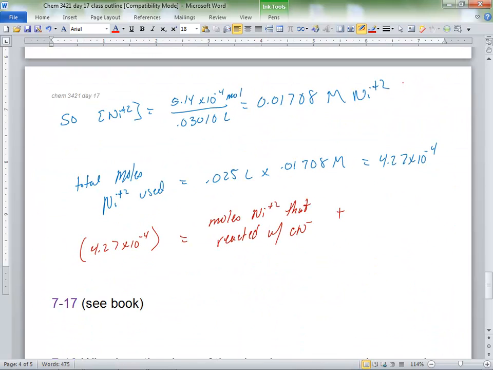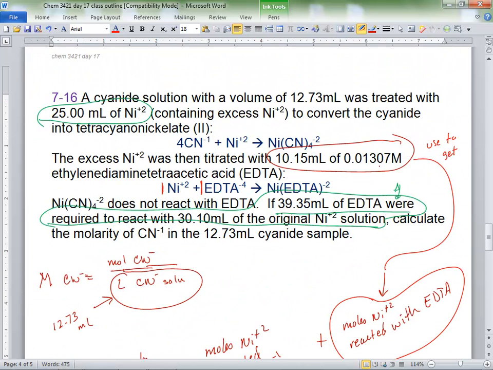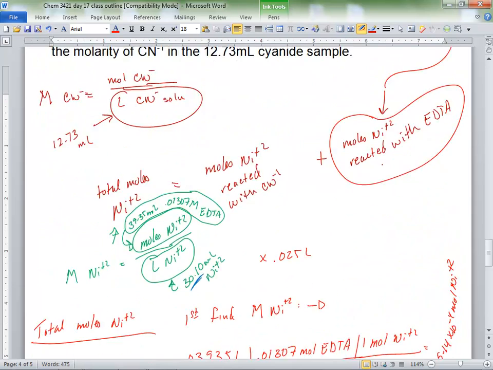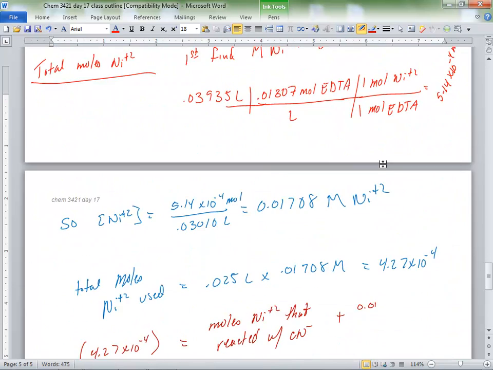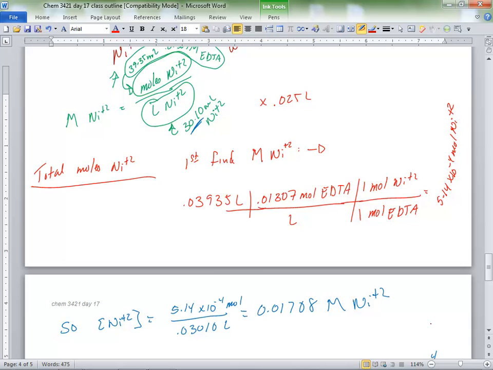10.15, that would be 0.01015, and its concentration was 0.01307.